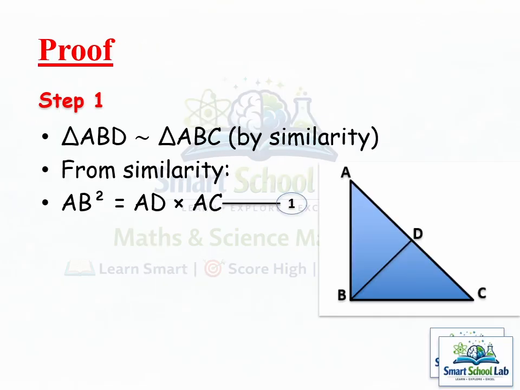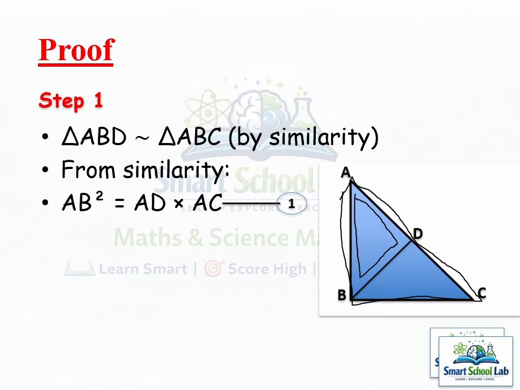Here the proof begins, step 1. Observe here triangle ABD is similar to triangle ABC. Are you observing here? Triangle ABD is similar to triangle ABC; you can tell that by observation.